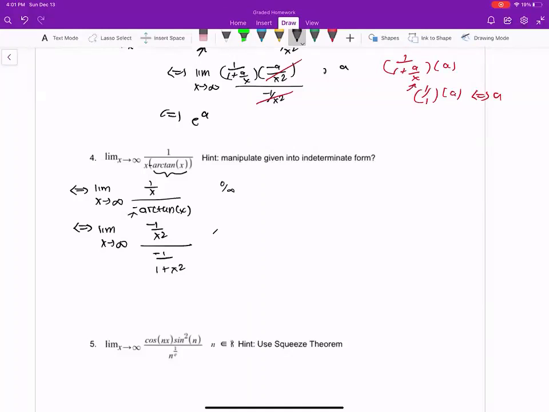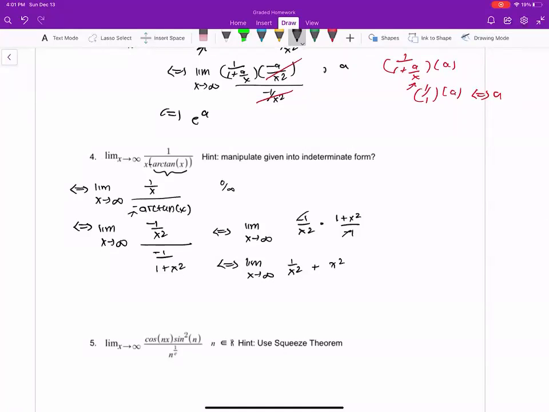Now, if you simplify this, you get the limit as x goes to infinity of negative 1 over x squared multiplied by 1 plus x squared over negative 1, which would give you the limit as x goes to infinity of, that crosses out, 1 over x squared plus x squared over x squared.